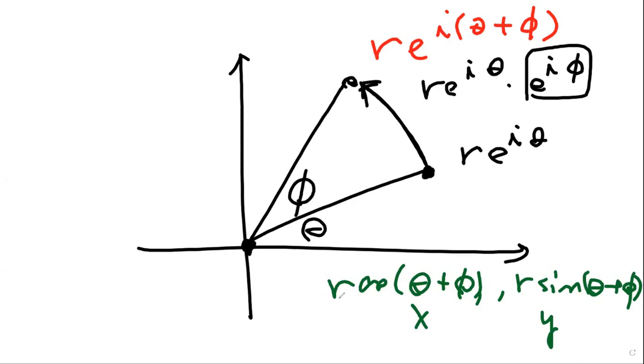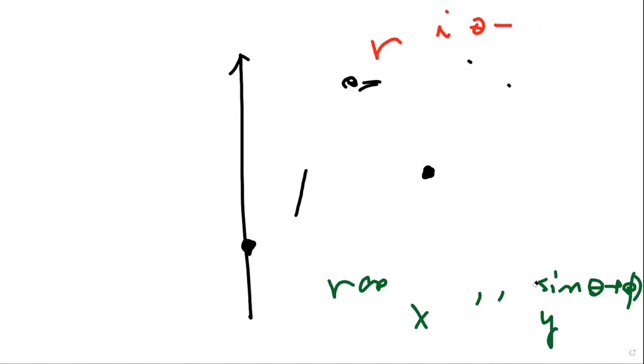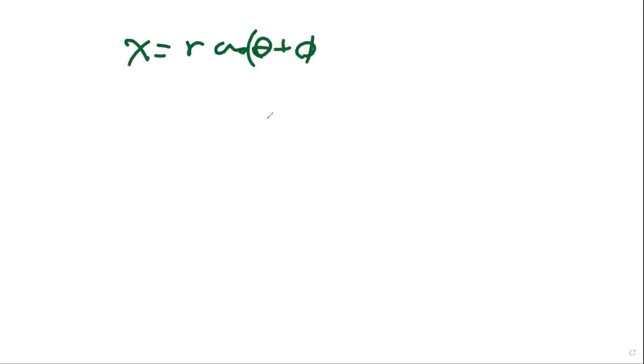Let's erase this. We don't need this. We just need these x, y things. So we do have x equals r cosine of theta plus phi after rotation, and y equals r sine of theta plus phi after rotation.